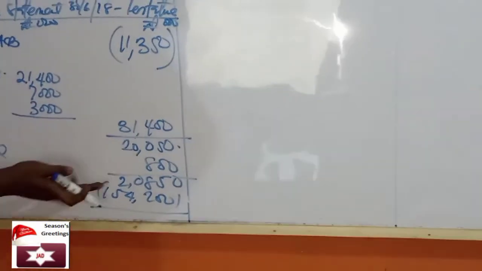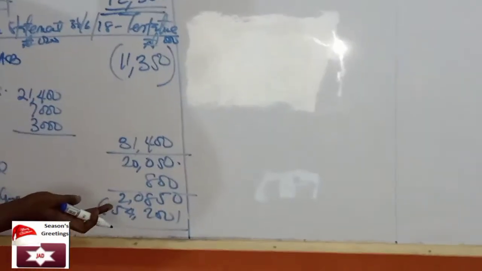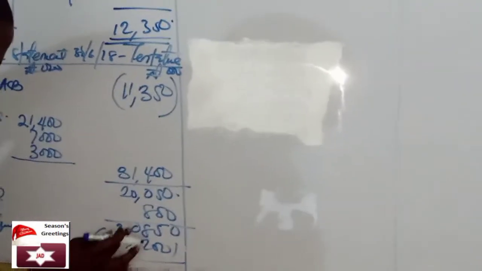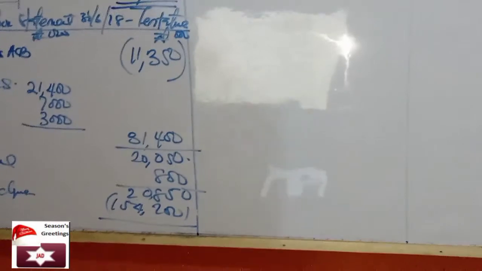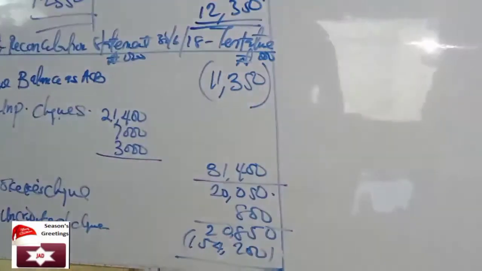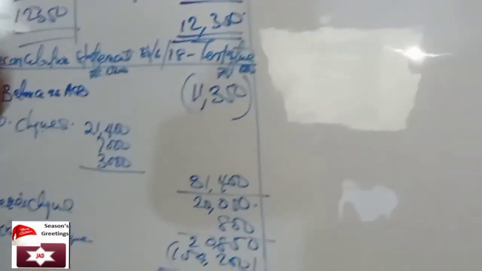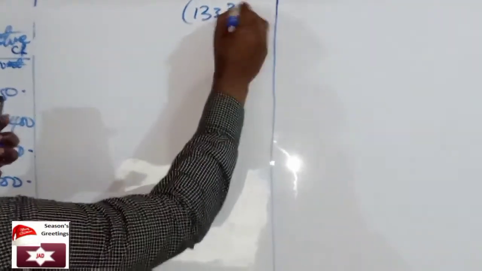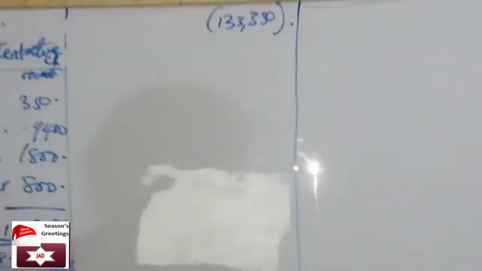If you are taking 154,200 from 20,000, okay, 850, what do you have there? So we have 133,350. Okay.